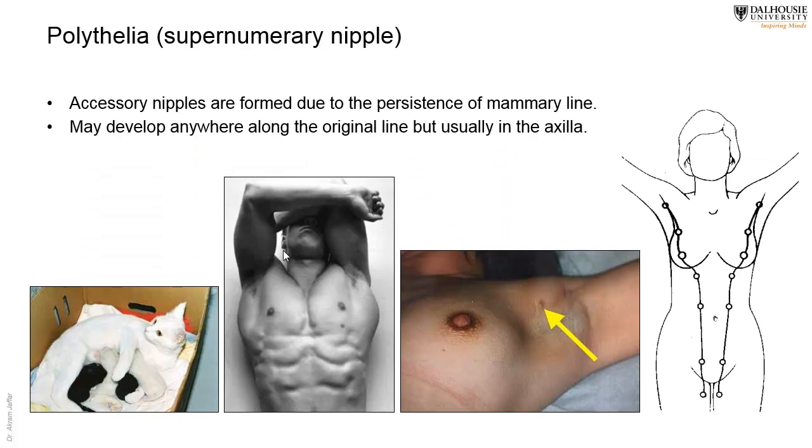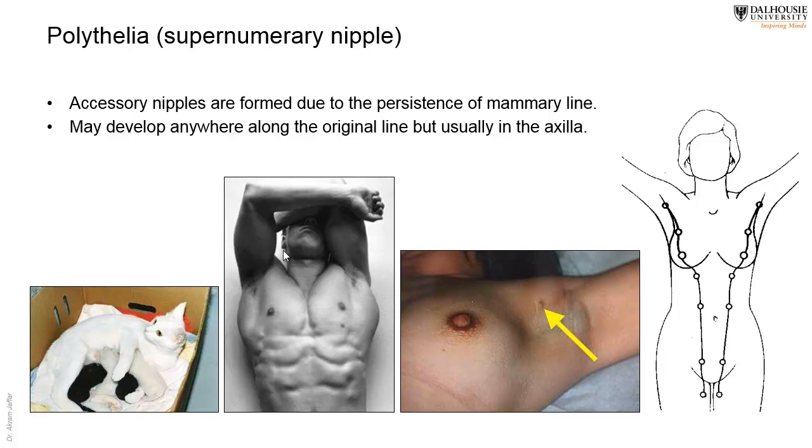Some people might have what we call supernumerary nipples or polythelia, and this is again because of embryology, and is probably related to our ancestors. In many mammals, like cats and dogs, they have multiple breasts along a line on the abdomen.